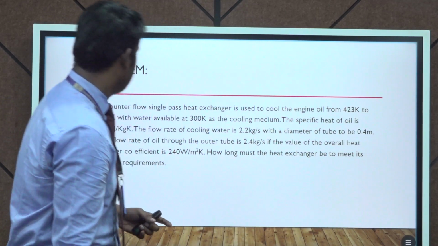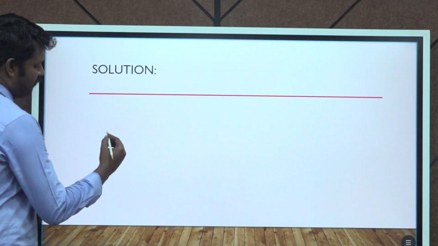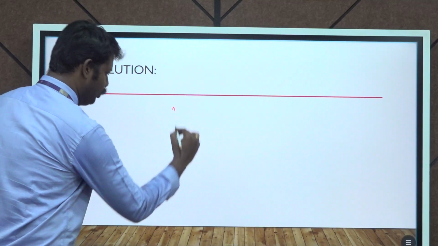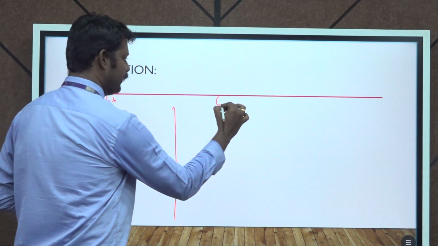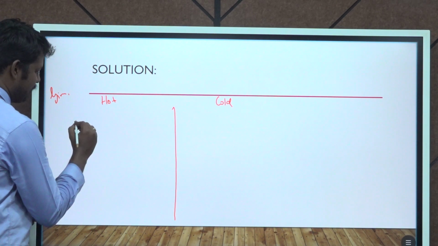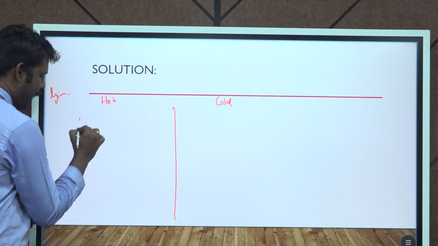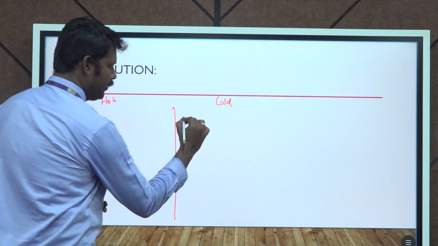So now let us look into the solution. First of all, we can divide the solution into two parts, that is, the hot fluid and the cold fluid. The given data can be divided into two parts. We will use capital letters for the hot fluid and small letters for the cold fluid.